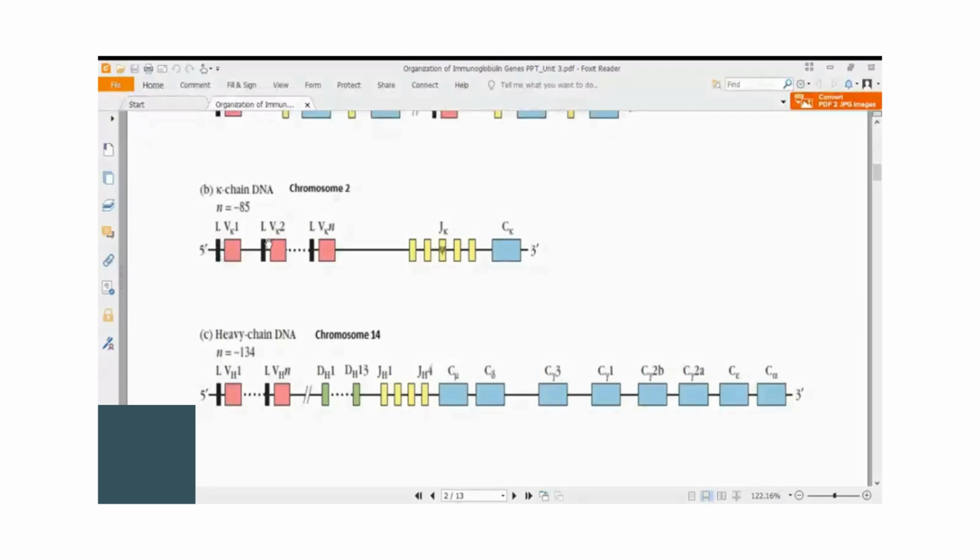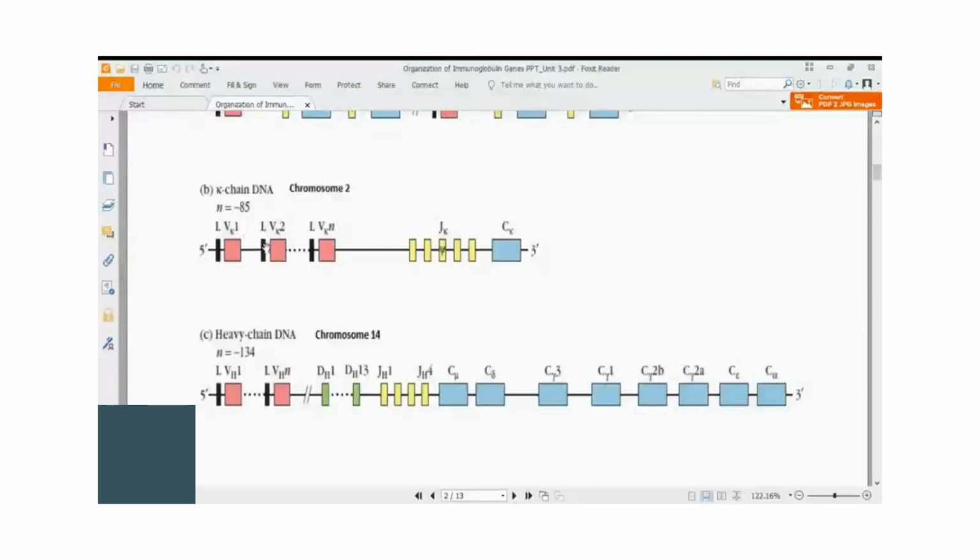Each exon is accompanied by a leader sequence, and that leader sequence directs the variable region domain to combine with the constant region domain in that same order in the 5' to 3' direction. It determines the recombination order in the 5' to 3' direction. How that recombination takes place, we will talk about a little later.